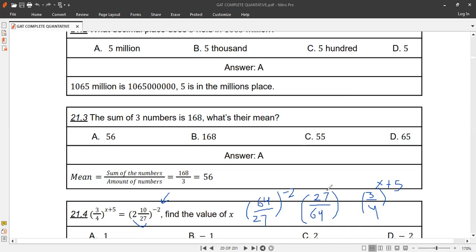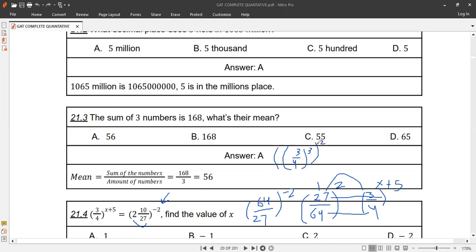I need to make them have the same base. Here we have 2, of course. If you remember, how do I relate 27 to 3 and 64 to 4? 27 is 3 power 3 and 64 is 4 power 3. So I make this one 3 over 4 power 3, power 2.